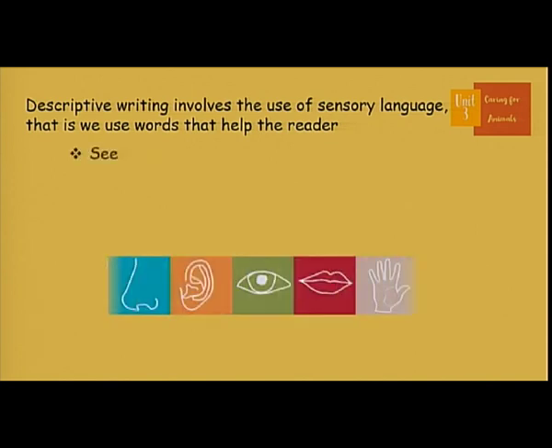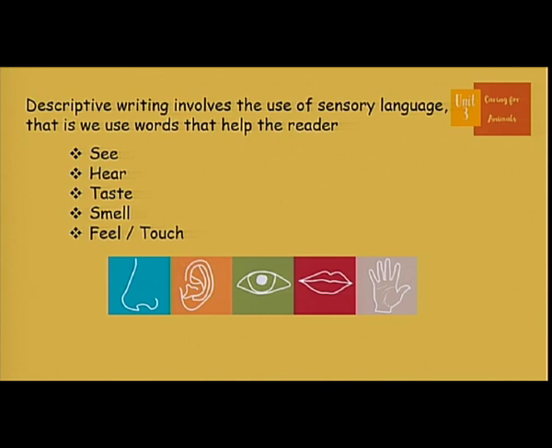Descriptive writing involves the use of sensory language. That is, we use words that help the reader see, hear, taste, smell, or feel something that we have experienced by using the sense of touch.